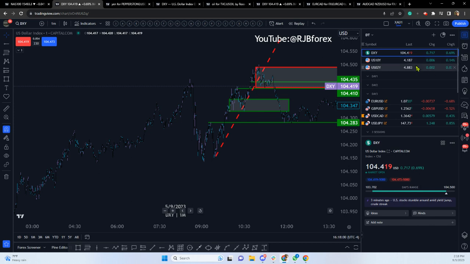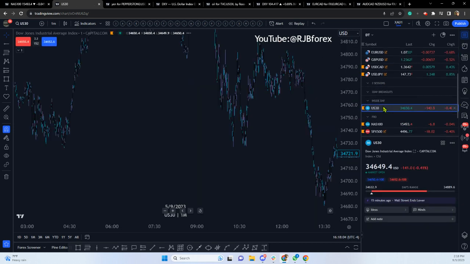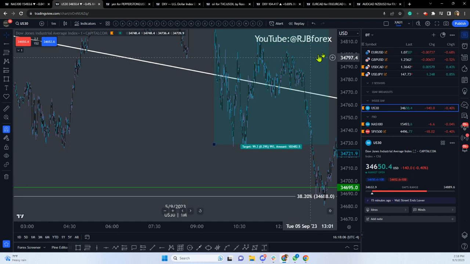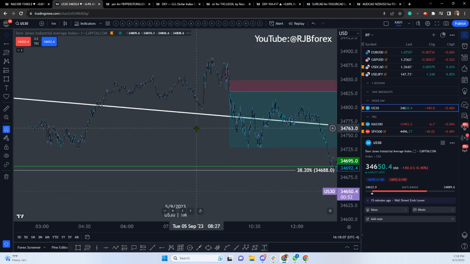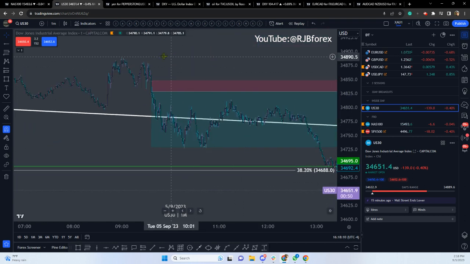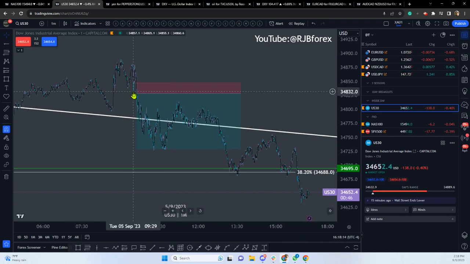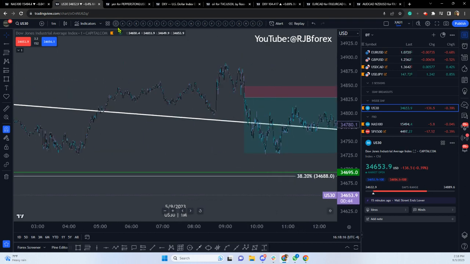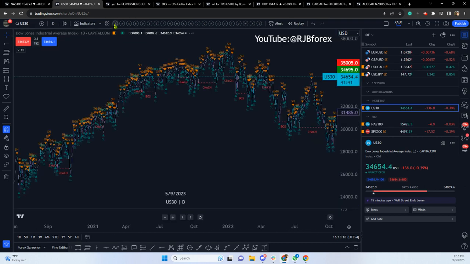So, for instance, let's go to the Dow. So the Dow, we had this movement here, which was a nice trade. Let me bring up the 3-day cycle template.